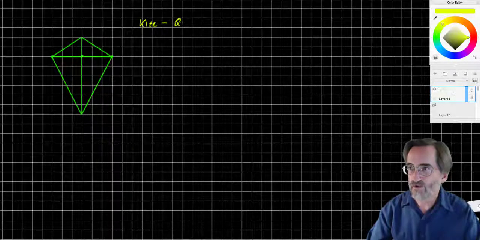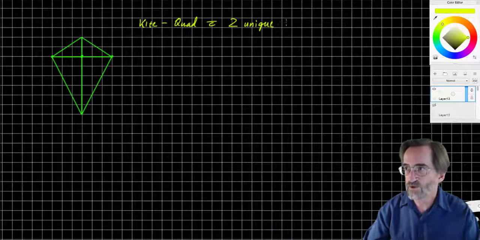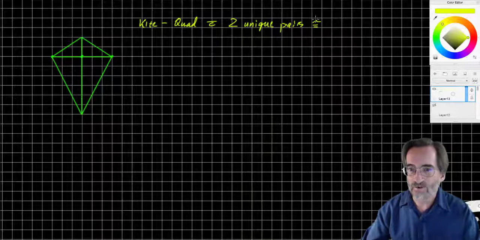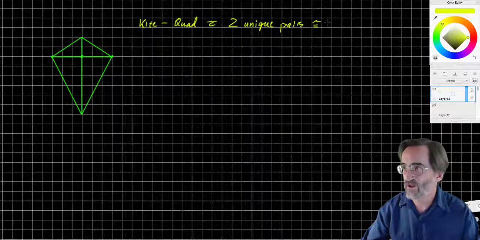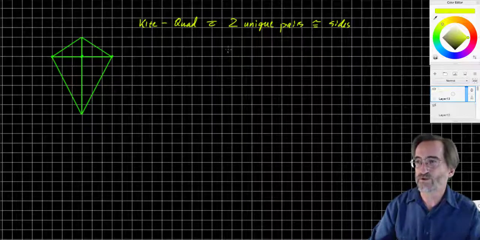But the definition of a kite is it's a quadrilateral, so it's got 4 sides, with 2 unique pairs. Unique means the pairs have to be different. 2 unique pairs of congruent sides.